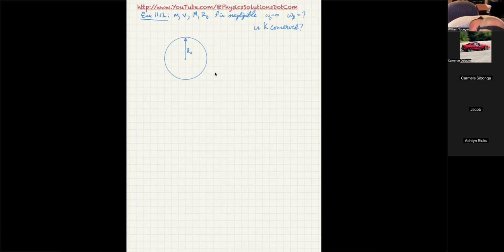So over here, we're going to imagine that a bullet is coming, and this bullet has a mass m and a velocity v, and then it's going to embed in that.